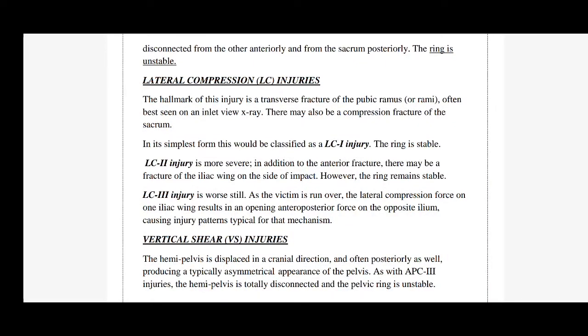Type 2 is more severe: in addition to the anterior fracture, there may be fracture of the iliac wing on the side of impact. However, the ring is still stable. LC type 3 is worse, as when the victim is run over or has a rollover injury, causing a lateral compression force on one iliac ring, resulting in opening by an anterior posterior force on the opposite side, causing an injury pattern typical for that mechanism. That means one side is compression and the other side is open book.